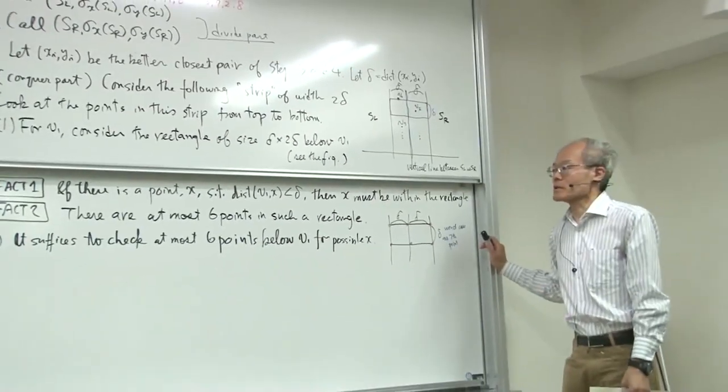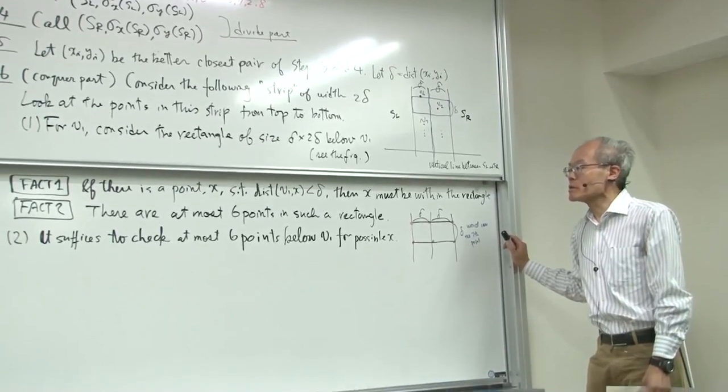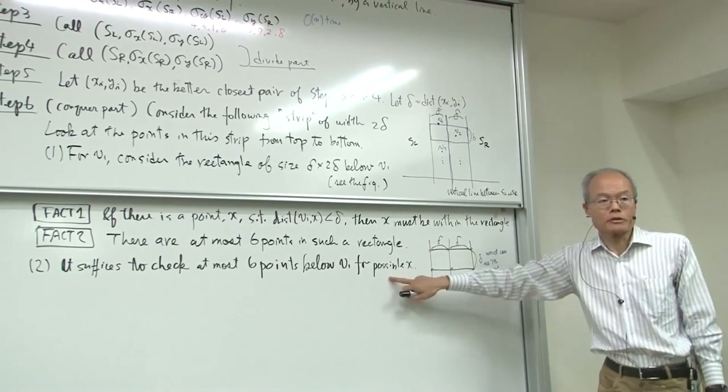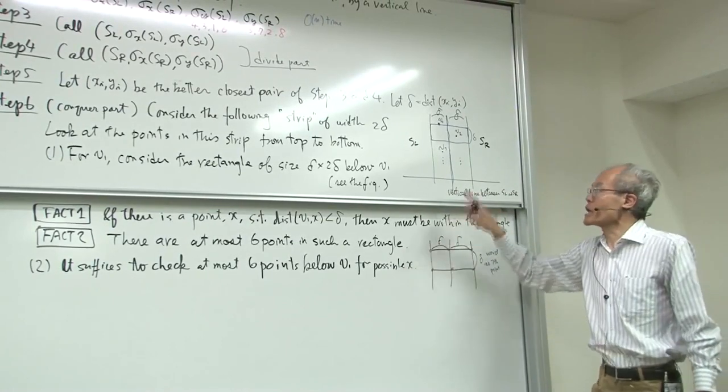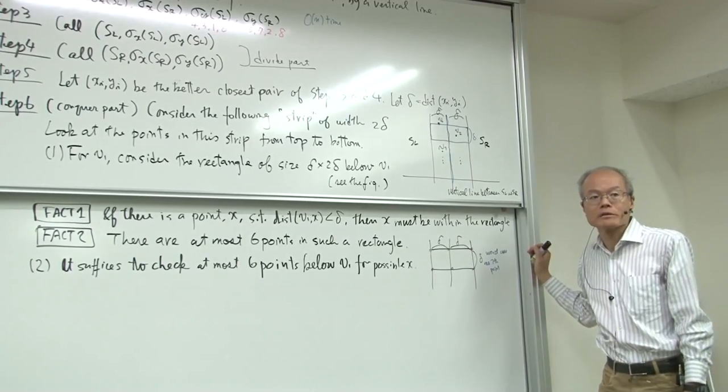It turns out that it suffices to check at most 6 points below V1 for possible x. Possible x means the distance between x and V1 is strictly less than delta.